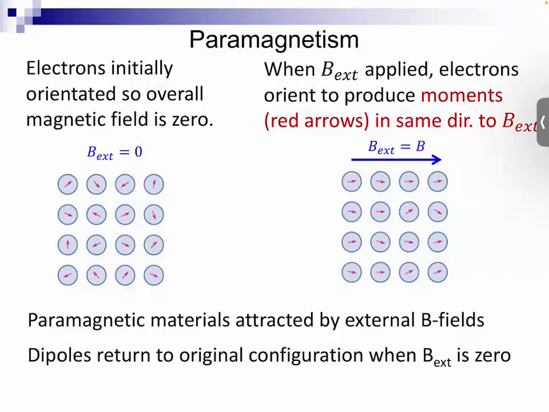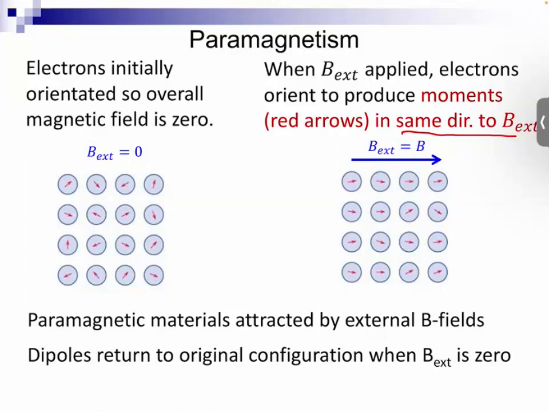But if you immerse this material in a magnetic field, say put it close to a magnet or apply a current through this paramagnetic material, what happens is that the electrons align themselves so that their spins align in the same direction as the external magnetic field.